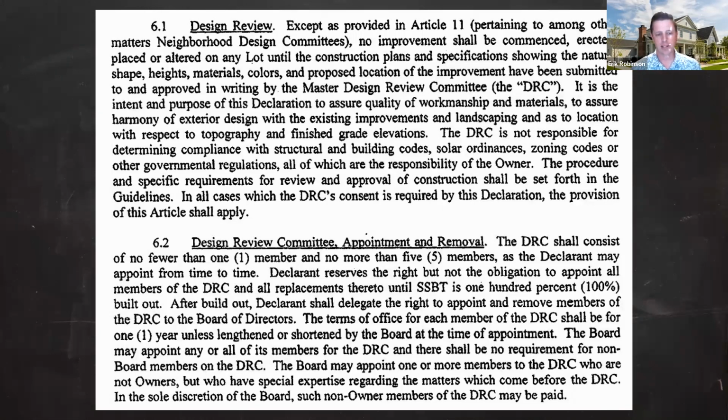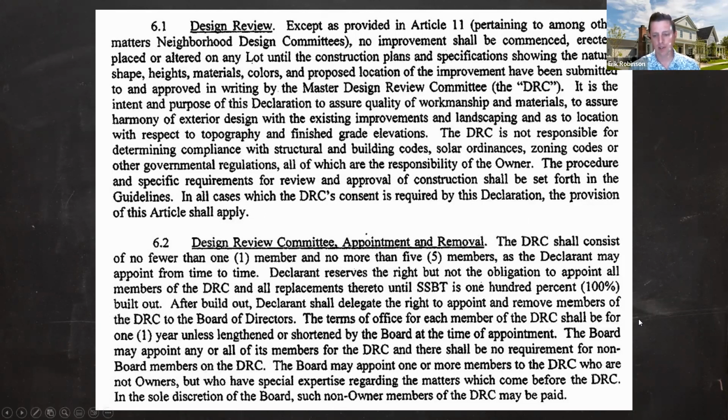You certainly don't want your architecture review committee to have to be experts in building codes and permitting and interface with the city or whomever they need to acquire those materials. That's all the onus of the owner and the person doing the construction. The DRC's real focus is ensuring that the design and those materials are all going to mesh with everything else that's going on in the community.